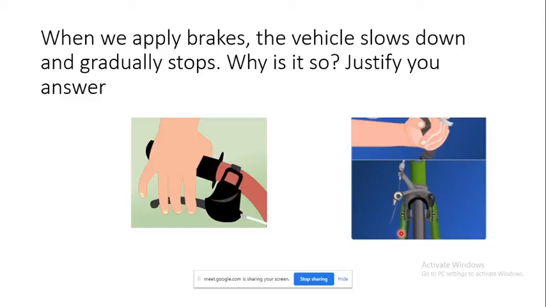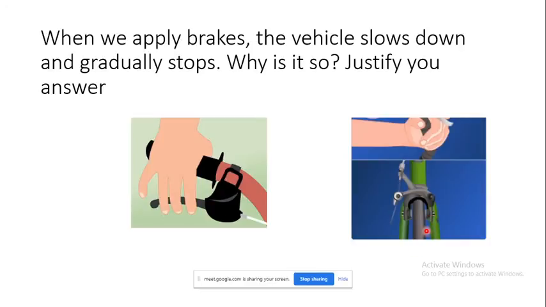Are you following me? So when you are pressing the bicycle brake, there will be a contact between the wheel and the brake pad, and friction arises.